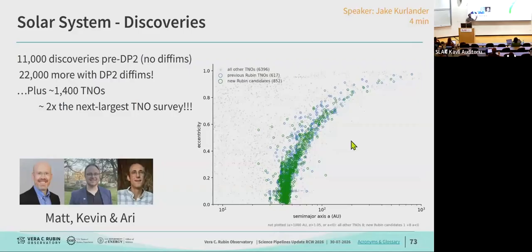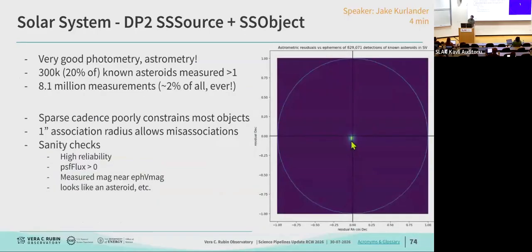And 1,400 TNOs is something like a quarter of the Kuiper belt that's known right now. So in the last year, Rubin's discovered something like 25% of all Kuiper belt objects, which is pretty darn cool. That's something like double the next largest TNO survey. So good, really good, Matt and Kevin. All right, those are the discoveries.